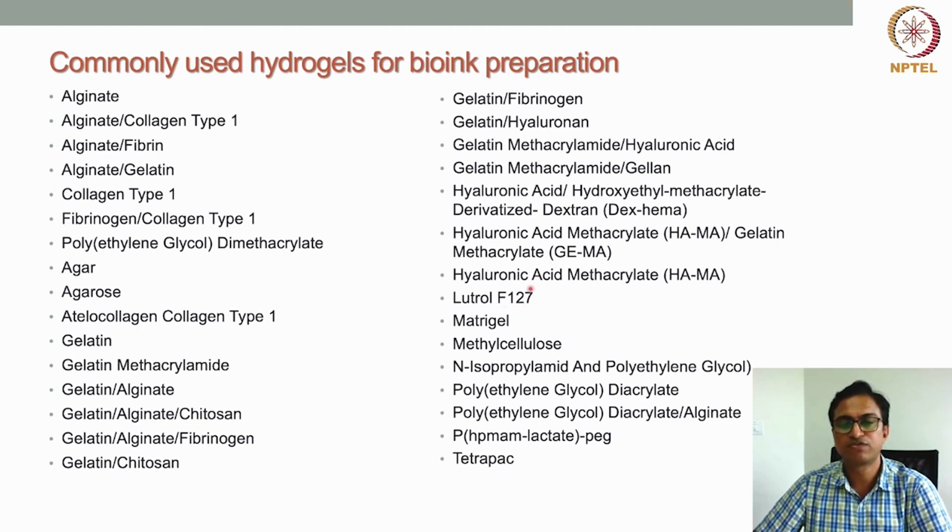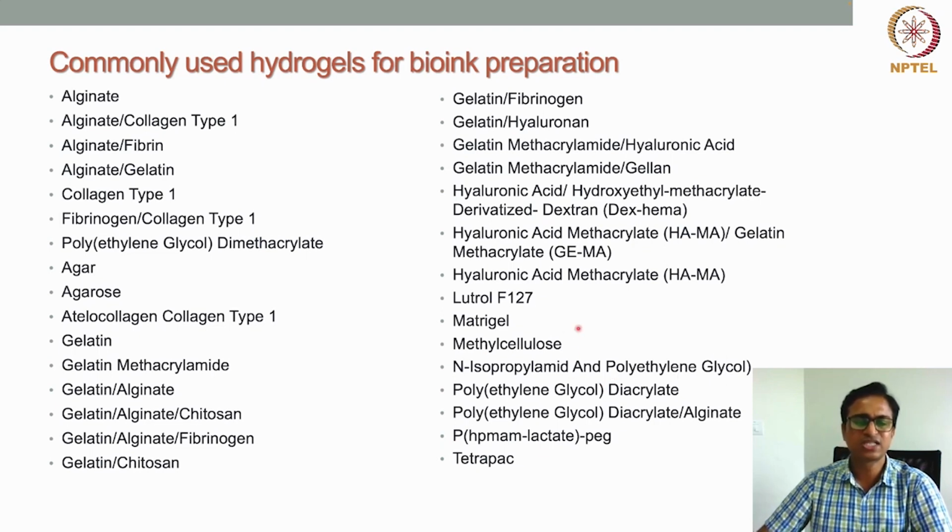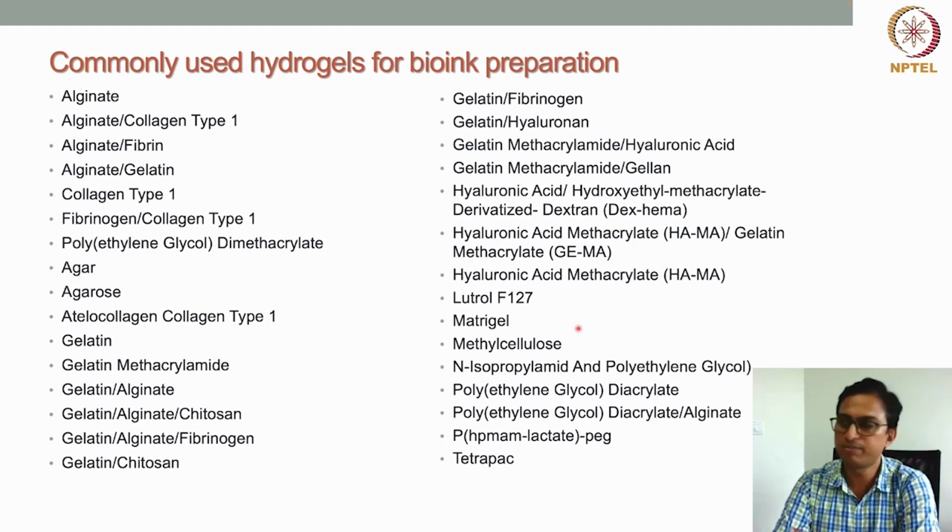Similarly, Lutrol F127, Matrigel, Methocel, all these different single biopolymer systems have been used as a bioink. And there are other things like polyethylene glycol diacrylate, PEGDA, or N-isopropylacrylamide and propylene glycol. Both of these can be mixed together to develop a hydrogel. So these are some examples of different biomaterial systems mostly used as bioinks.